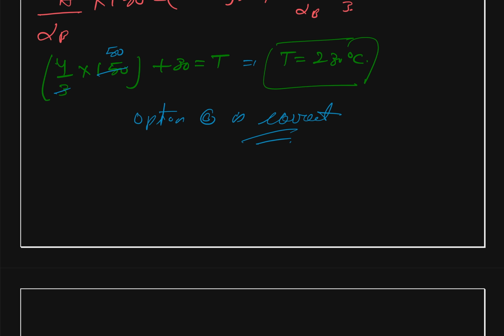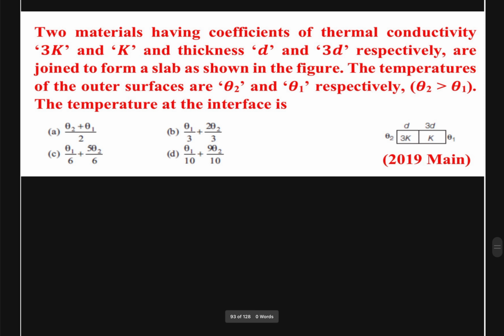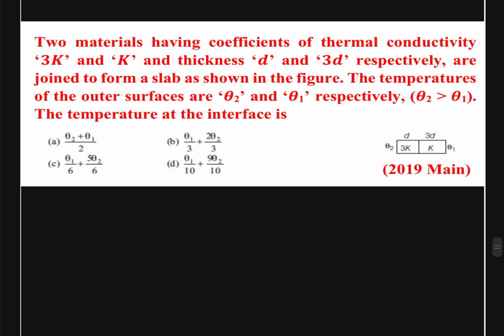Next question. It states that two materials having coefficient of thermal conductivity 3K and K, thickness D and 3D respectively, are joined to form a slab as shown in the figure.